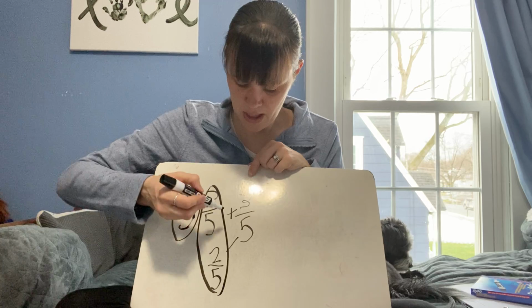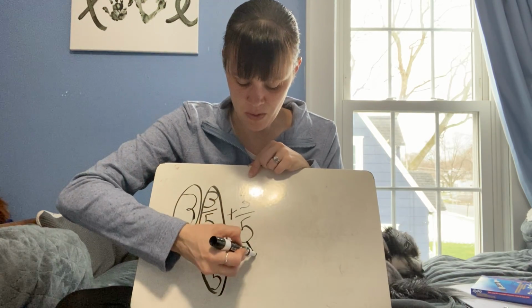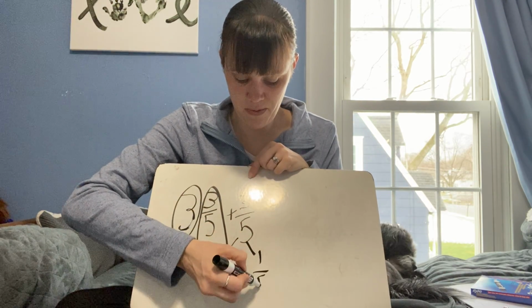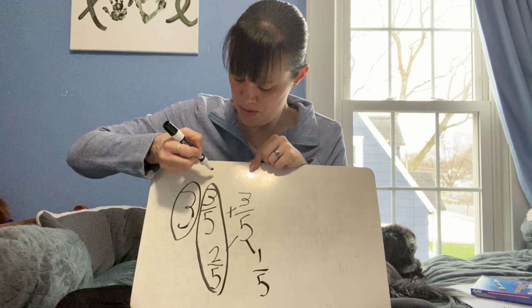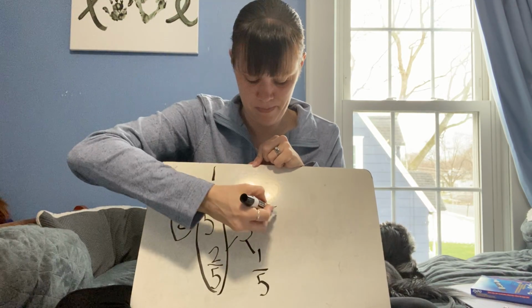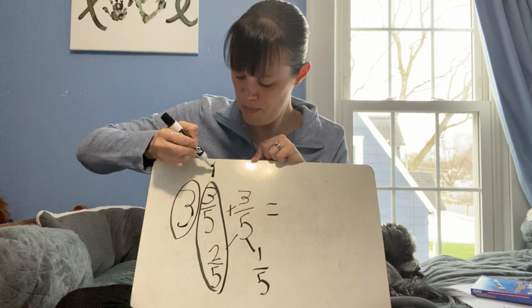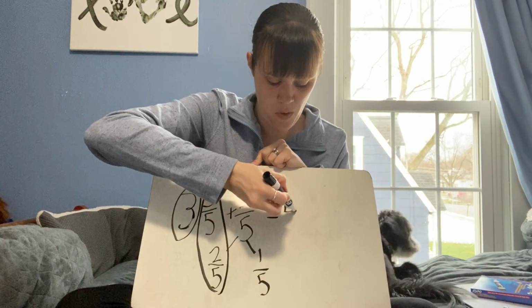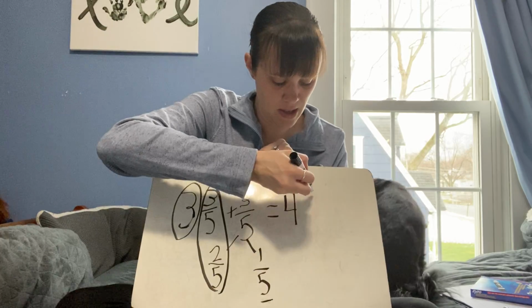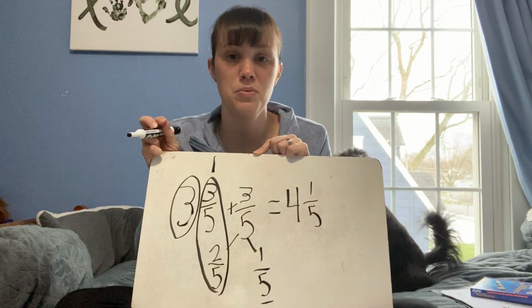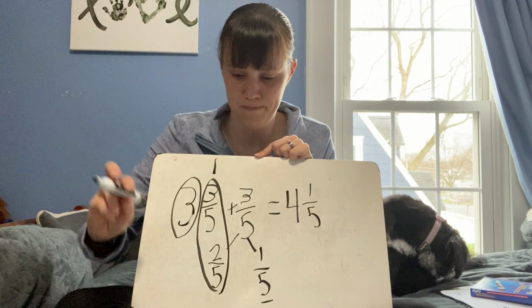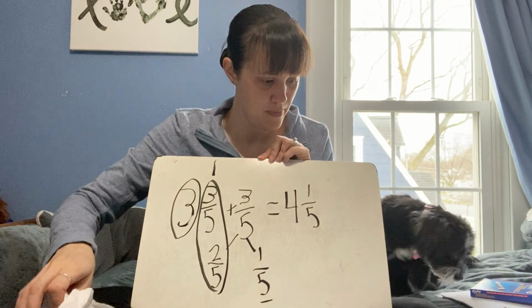So we're going to put those together. If I took out 2/5 here, what am I left with? I'm left with 1/5. So 3/5 and 2/5 gives me 1 whole. 3 whole plus 1 would be 4, and my fraction left is 1/5. So I have 4 1/5. Please excuse Penny in the background. So that's my answer.